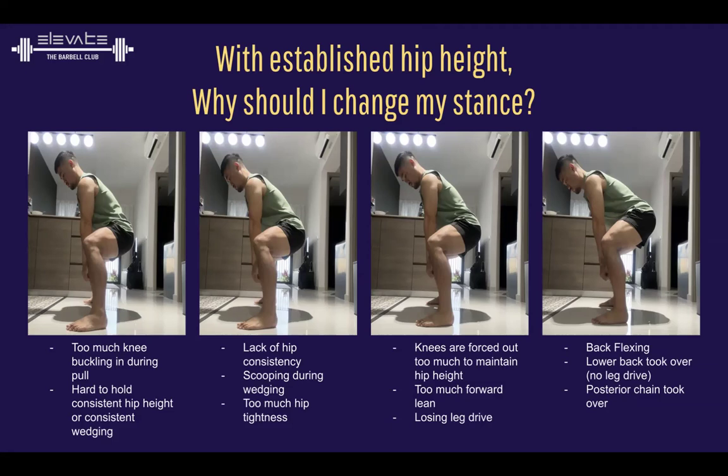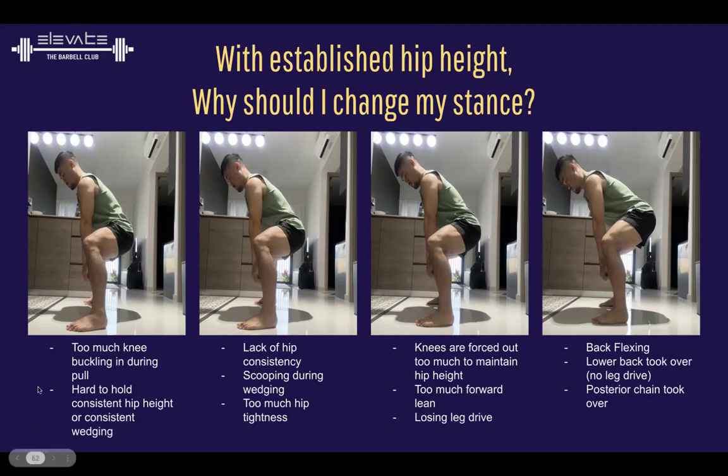I will think about widening up my stance, because that makes wedging in harder, and it limits me from over wedging in, over scooping, or sitting my hips too low. Another idea is, let's say you go wide and your hips are too tight, you cannot even wedge yourself in. Every time I wedge in, I end up having a very forward torso lean. Then we know I'm going too wide already. Time to go back in a little bit.